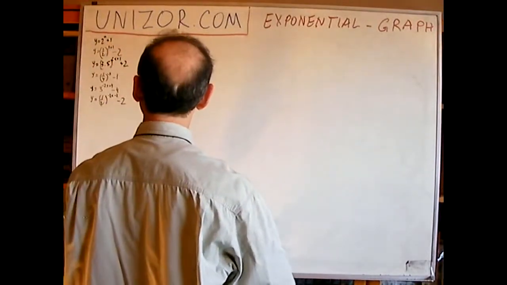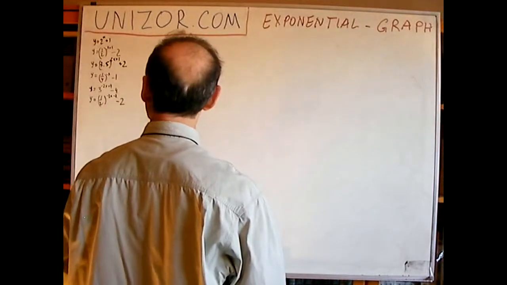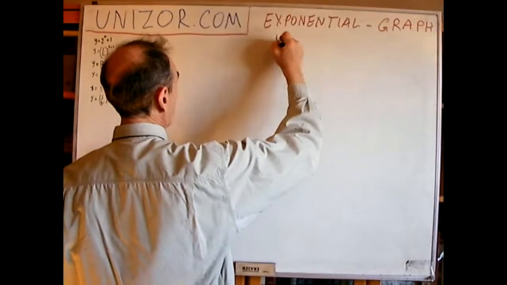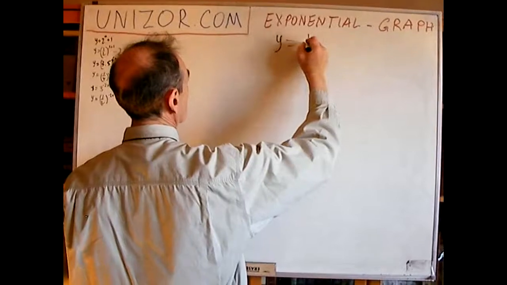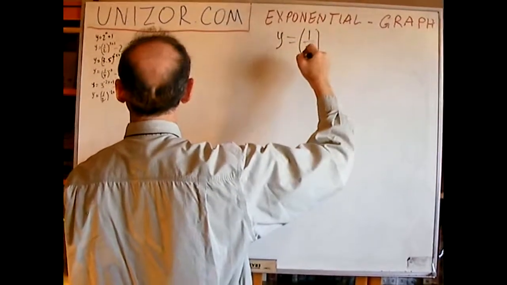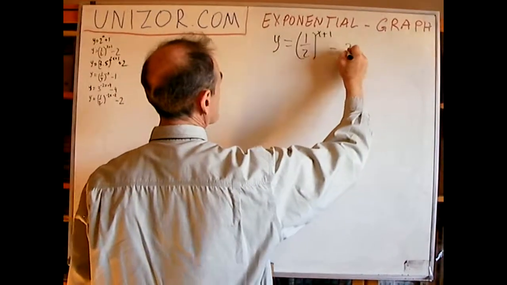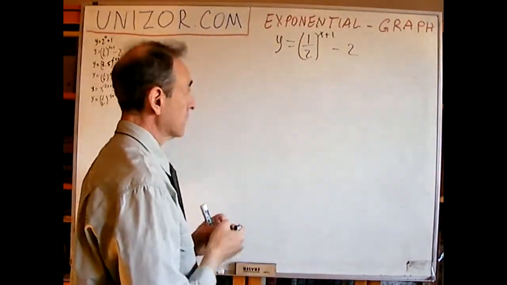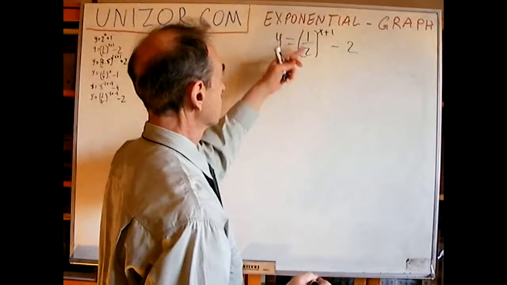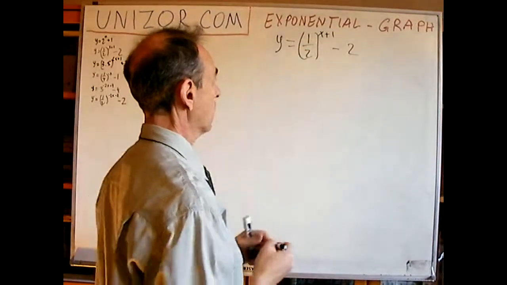Next. Y is equal to 1/2 to the x plus 1 minus 2. Okay, so let's do it one by one. First, we do 1/2 to the power of x.